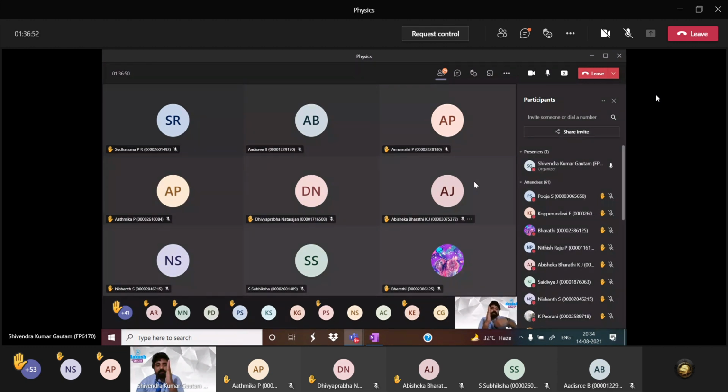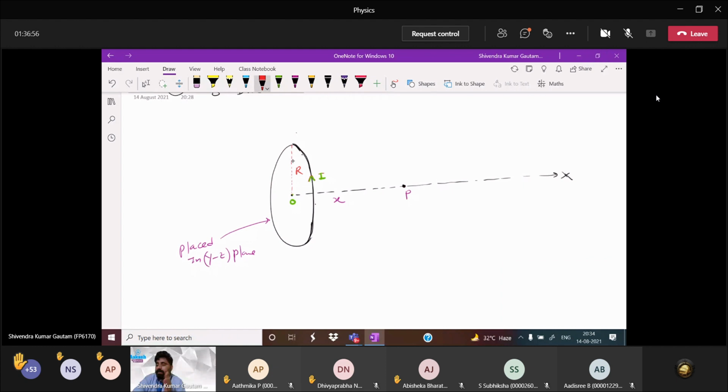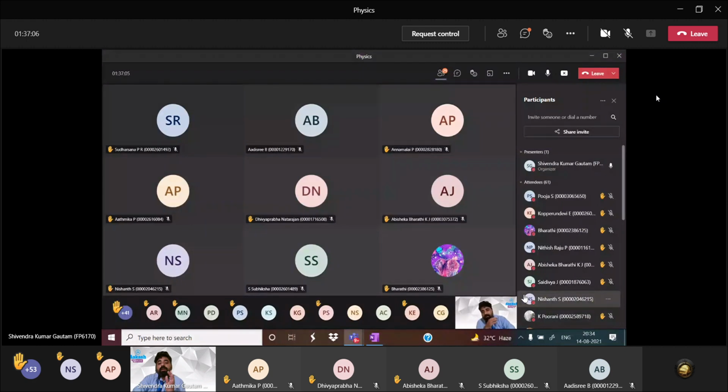I am choosing one current element at the highest point and one at the lowest point. Why am I taking two current elements? To show you which component will exist and which will cancel out.